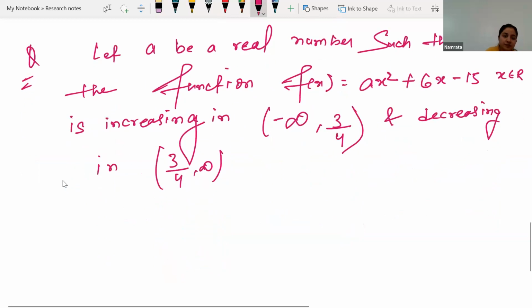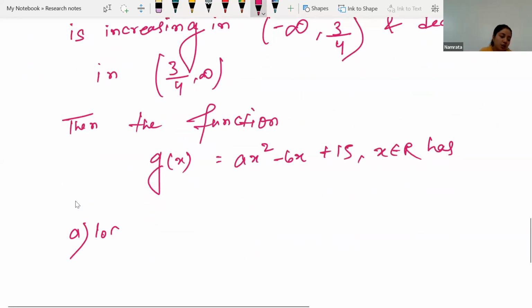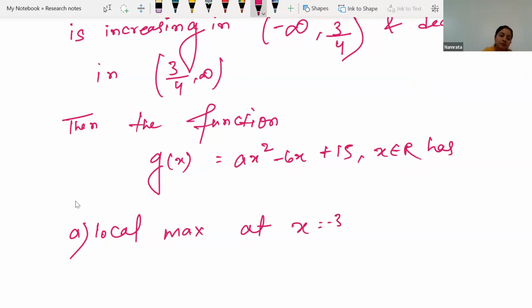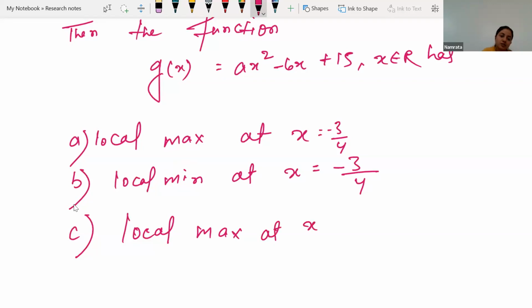Then the function g of x is equal to ax square minus 6x plus 15, x belongs to R, has: we have to check whether it has a local maximum at x equals minus 3 by 4, local minimum at x equals minus 3 by 4, option C, local maximum at x equals 3 by 4, or local minimum at x equals 3 by 4.